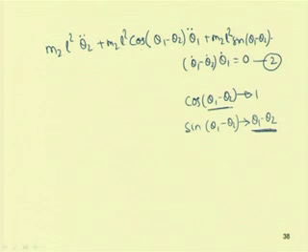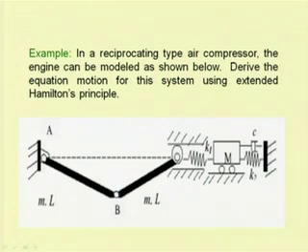So, in this way one can derive the equation of motion by using either the Lagrange principle or the Hamilton principle. We have already seen this example. In this case also one can find the equation of motion using the Lagrange or Hamilton principle.